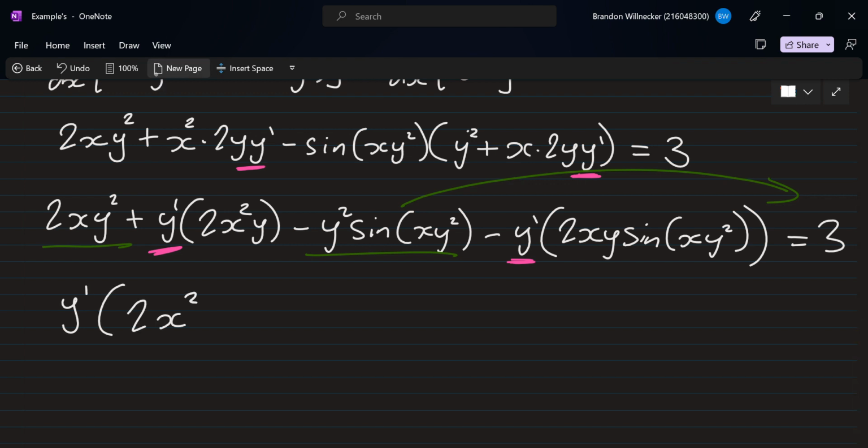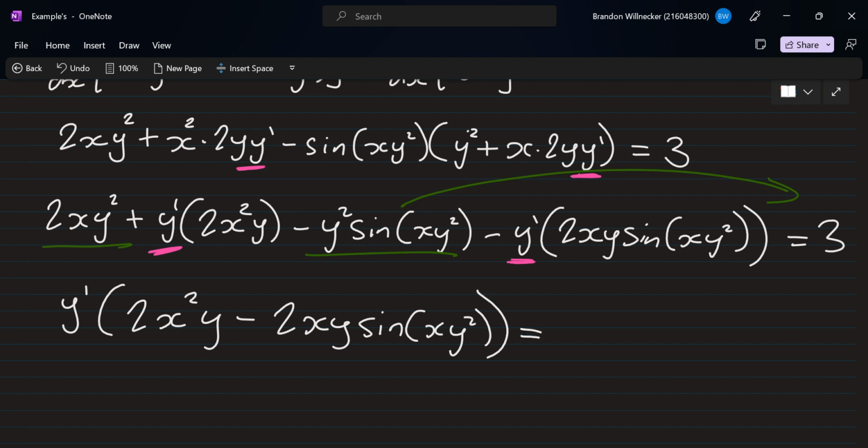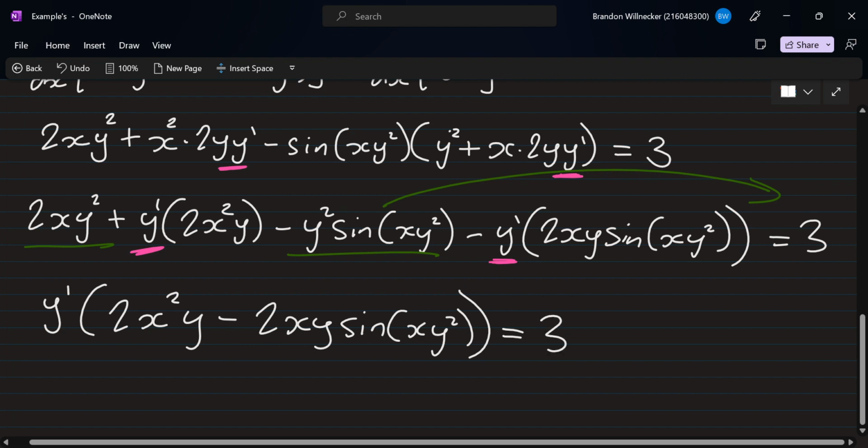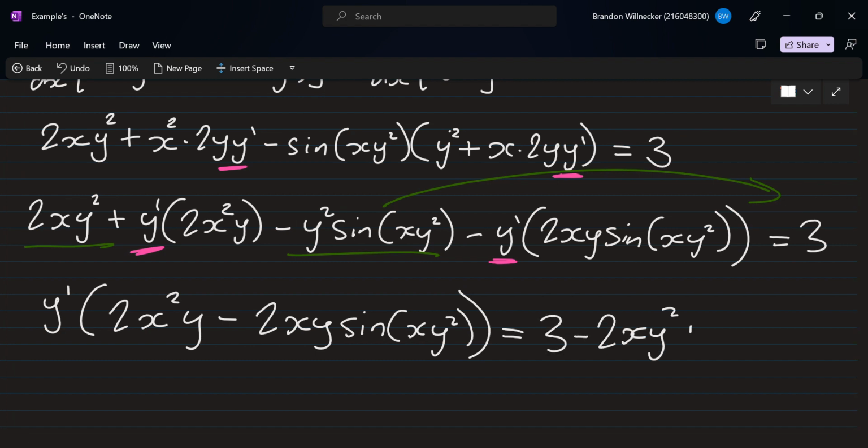So 2x squared y minus 2xy sine xy squared. That's for the one side. For the other side, we're going to have the 3 minus 2xy squared plus y squared sine xy squared.